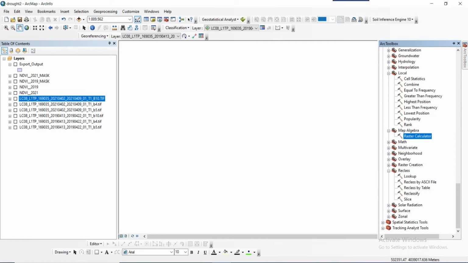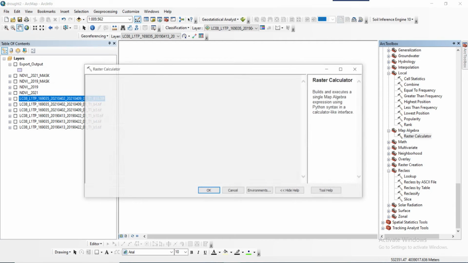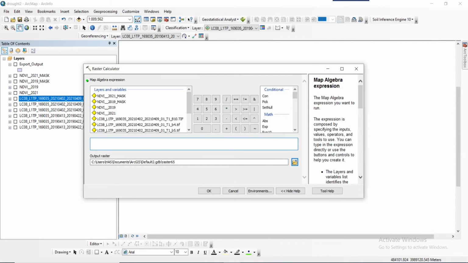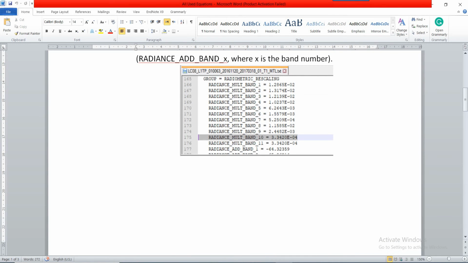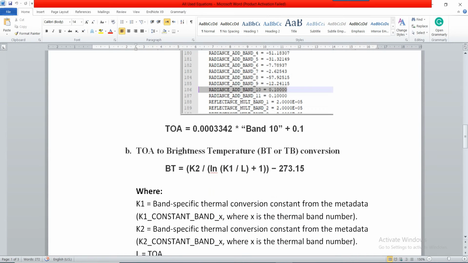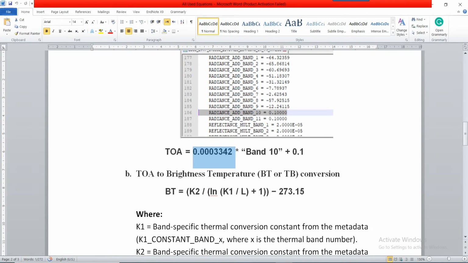Of course, we need the raster calculator, and we have ML, which is this one, the multiplicative rescale factor, which is equal to this value. So we have this value already, and we have the additive value.